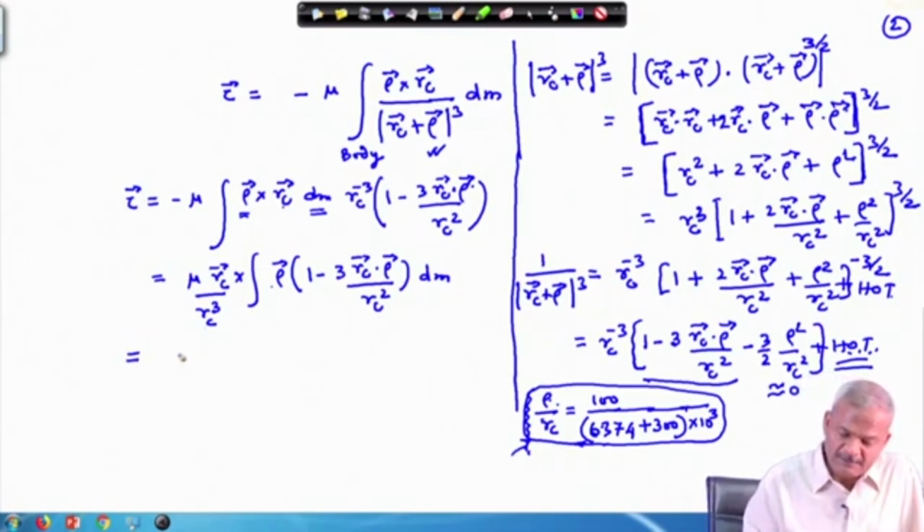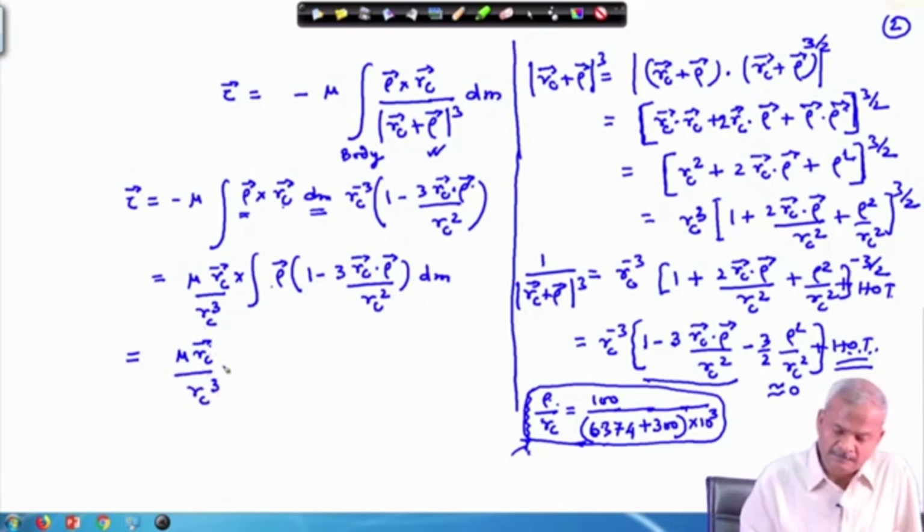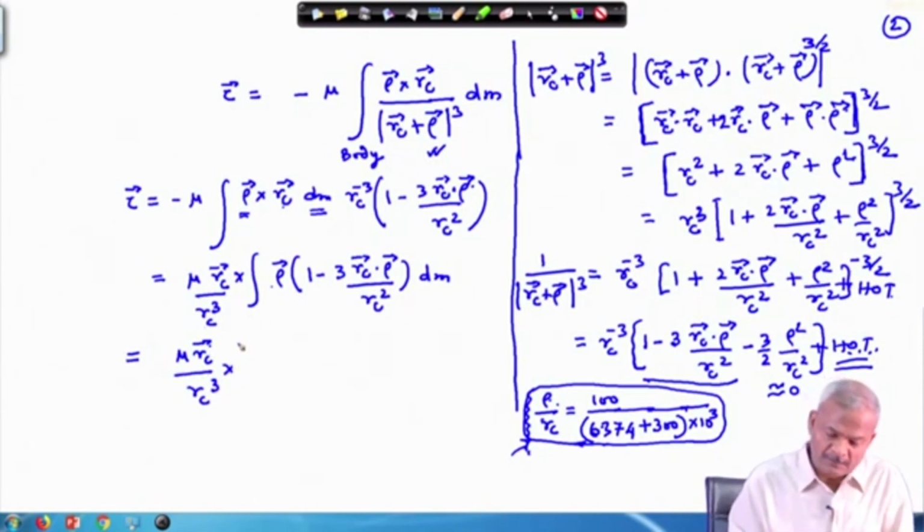So, in the next step, okay, we take this rho inside, and if we take it inside, so we can break it like this.